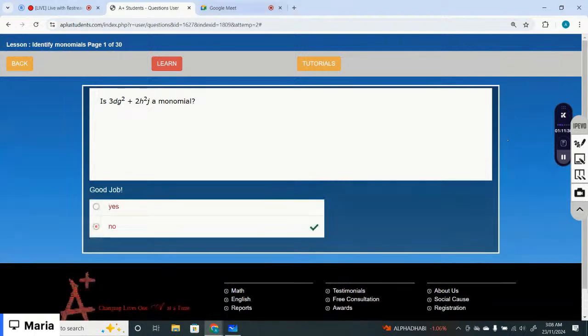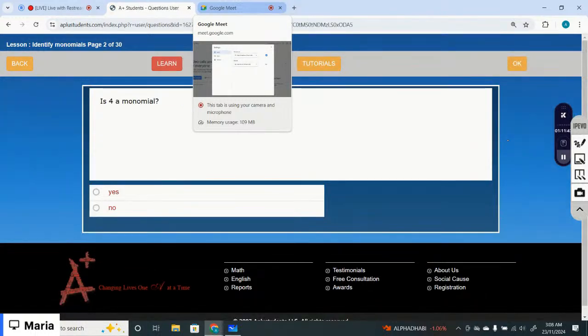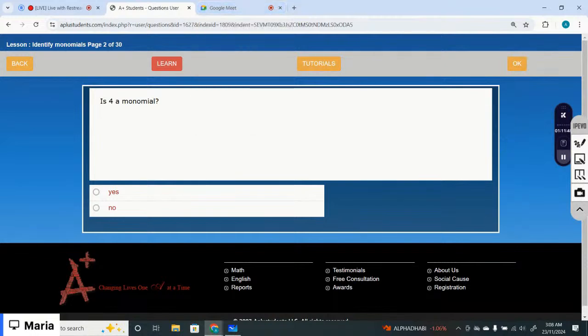The correct option is no. Is 4 a monomial? Yes, it is. That is a monomial. Option number 1 is the correct option.